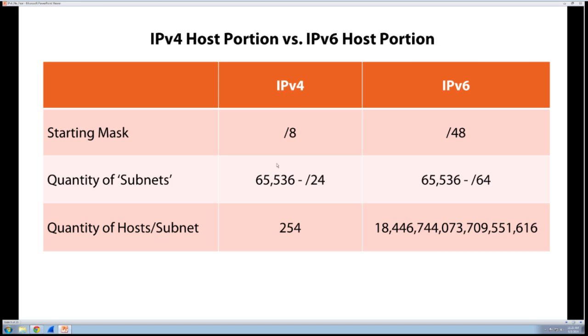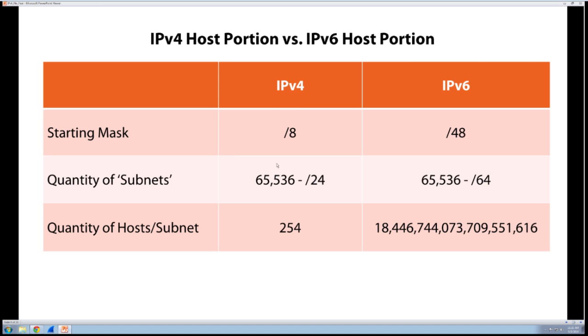What I'm getting at here is IPv4, yeah, we can easily get 65,000 subnets, but we're only going to get 254 hosts per subnet. If we take a look at IPv6 with our /48, we can get 65,536 /64 subnets out of that. And what that does is it gives us 18 quintillion hosts per /64 subnet. This is an obscene number, truly obscene.